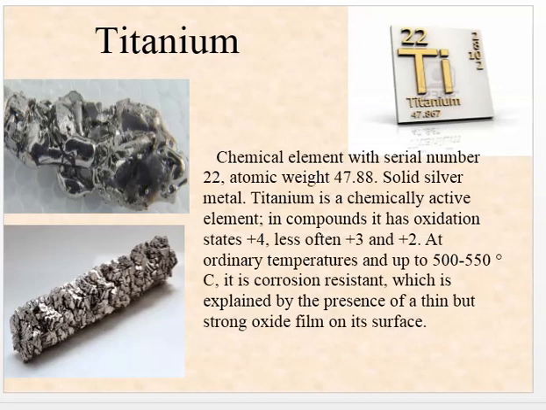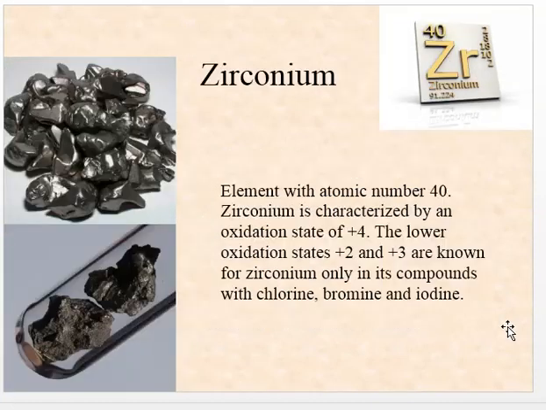At ordinary temperatures and up to 500 to 550 degrees Celsius, it is corrosion resistant, which is explained by the presence of a thin but strong oxide film on its surface.